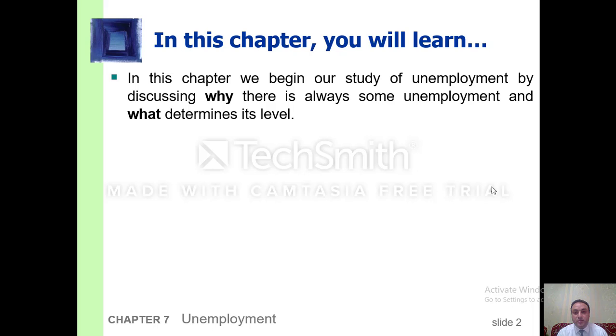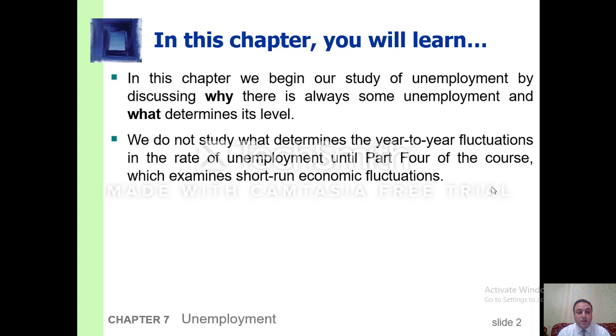So in this chapter, we begin our study of unemployment by discussing why there's always some unemployment and what determines the level of unemployment in society.